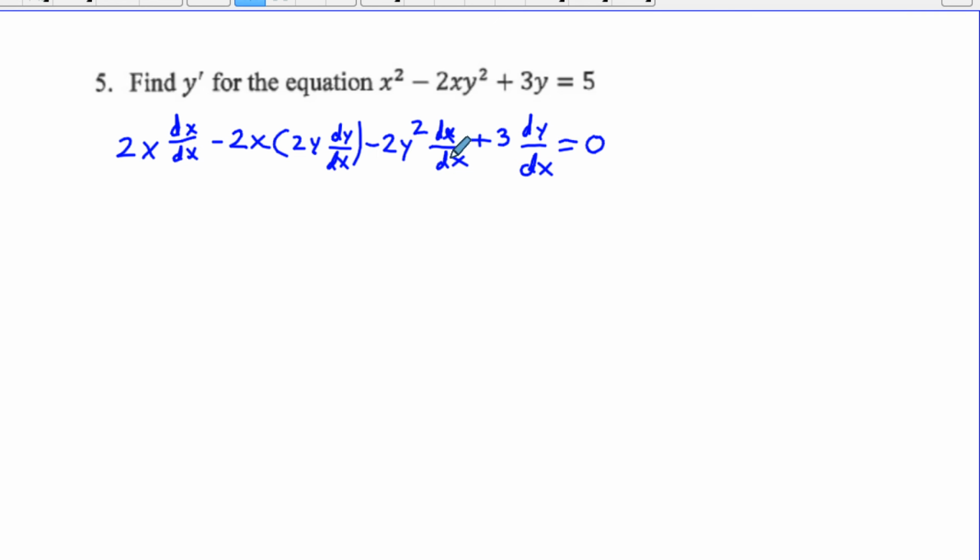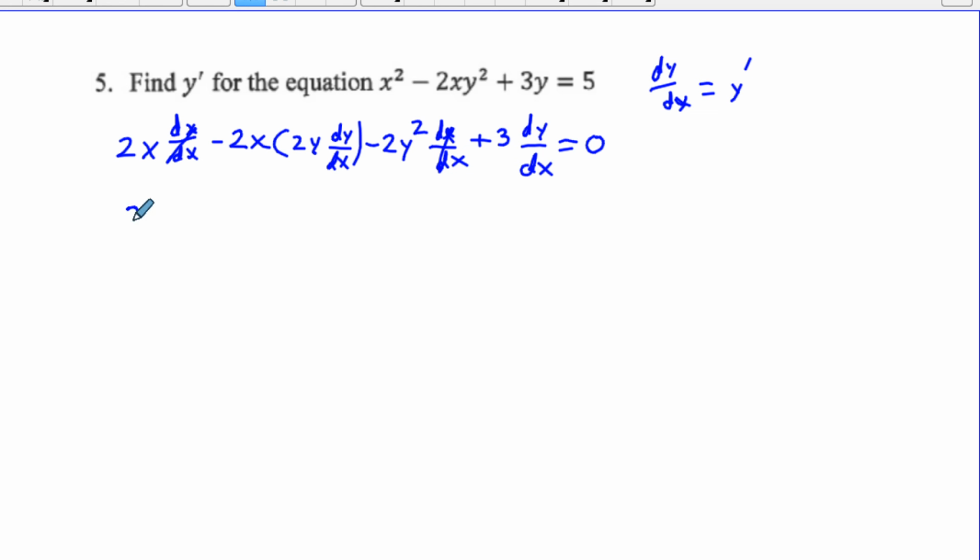Okay, so now all these dx's over dx, we will cancel these out. And the rest of them, we're going to change this dy dx to y prime. So I'm just going to rewrite everything here.